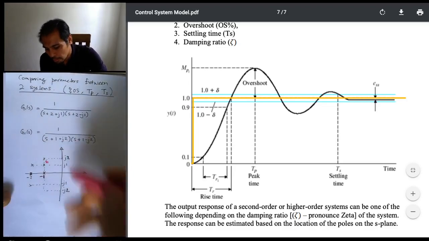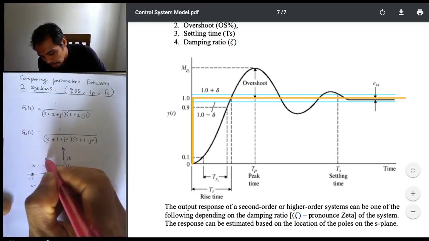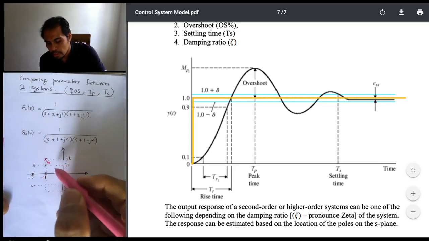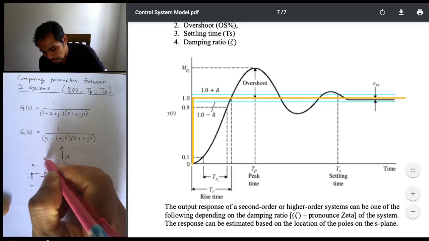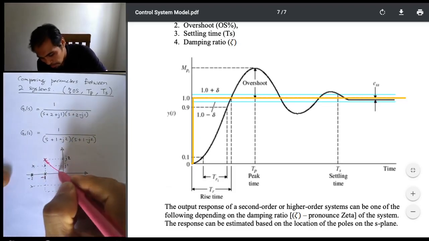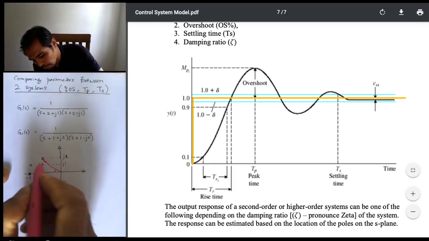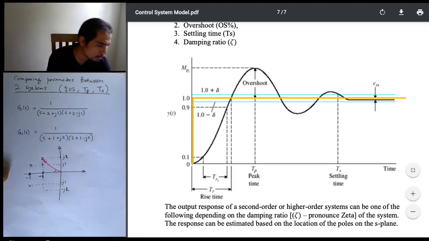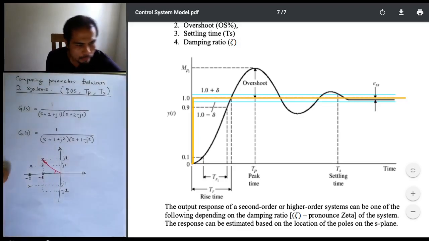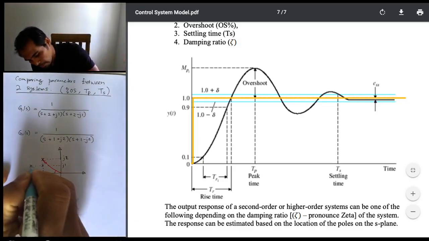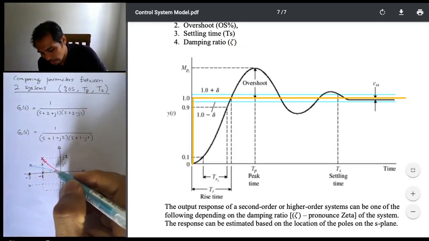So there are two systems that have different roots. The first one is this one. When you draw a vector to that point and compare the angle, you know the zeta.